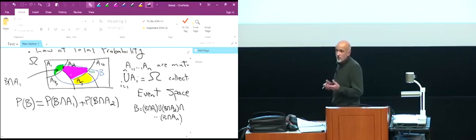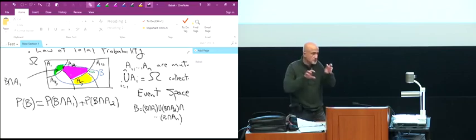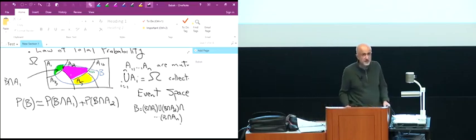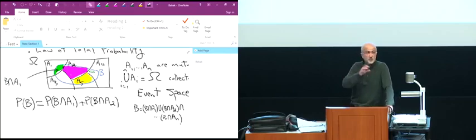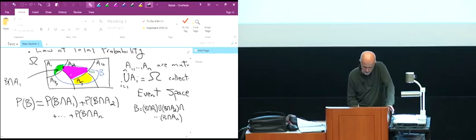I can write B in this way. I take each of those little chunks and say B is the union of those chunks. Those chunks don't have an overlap. So when I do the probability of their union, I'm simply adding their probabilities. Probability of B intersect An. This is called the law of total probability.